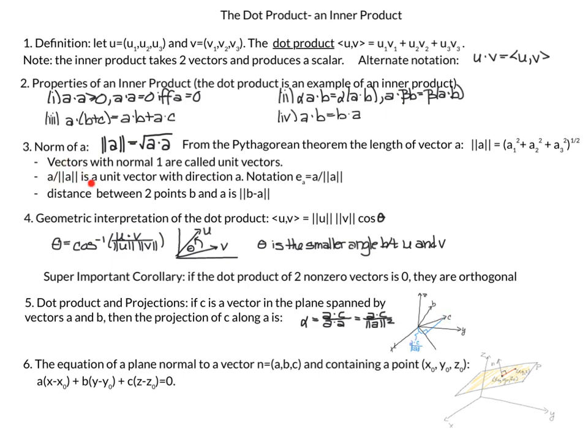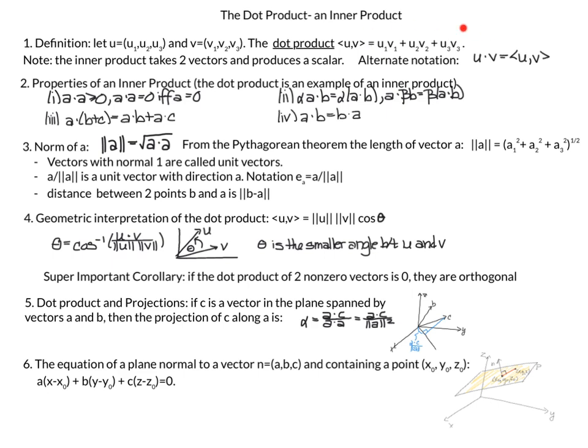So we wanted to isolate just the direction, and that's exactly what this unit vector does. Also, the distance between two points B and A is the magnitude of B minus A.